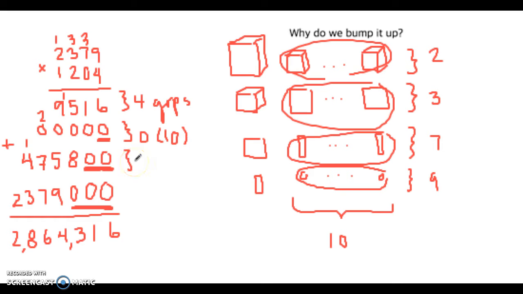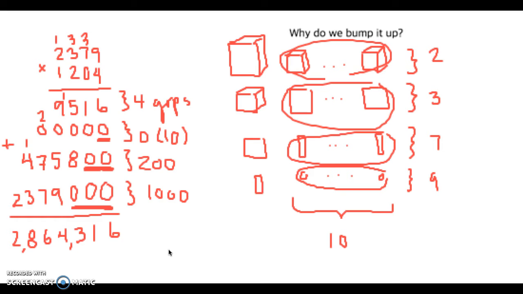This is really 200 groups. And this is really 1,000. So that's why we move it up, because we're adding all these zeros, or combining it by 10 so many times, that we need to move up our place value.